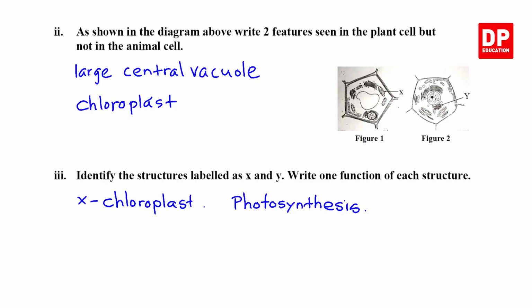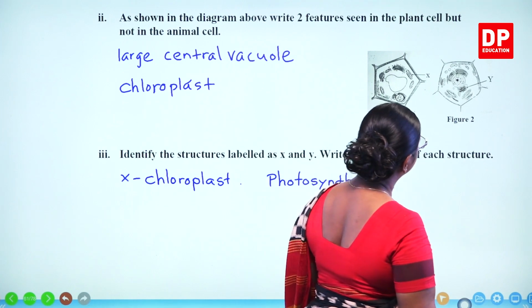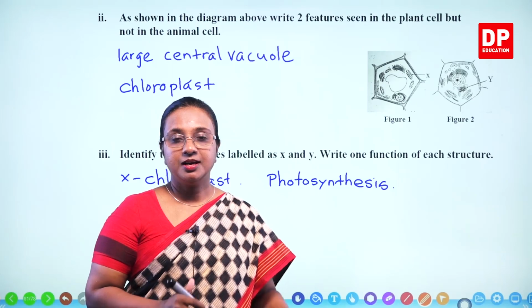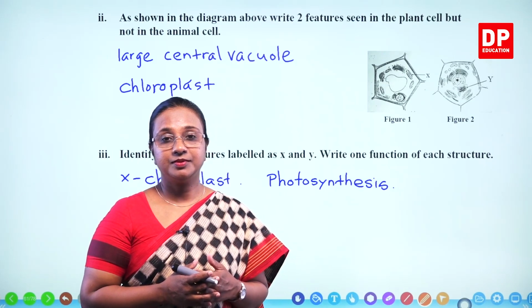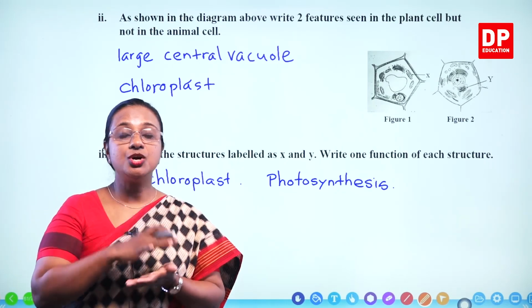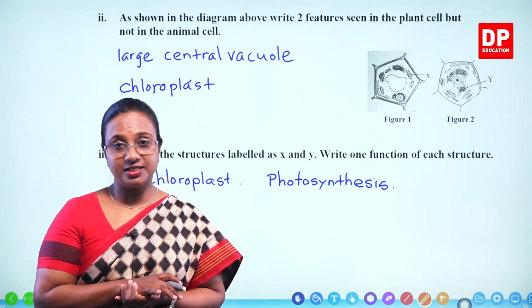Next we have structure Y that is shown in figure 2. Can you identify this structure, students? How does it look like? Membrane sacs arranged one on top of each other.